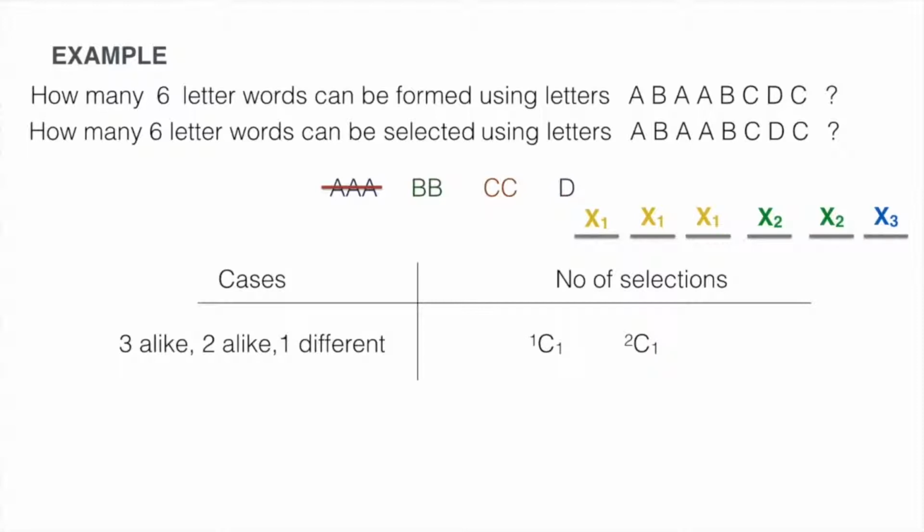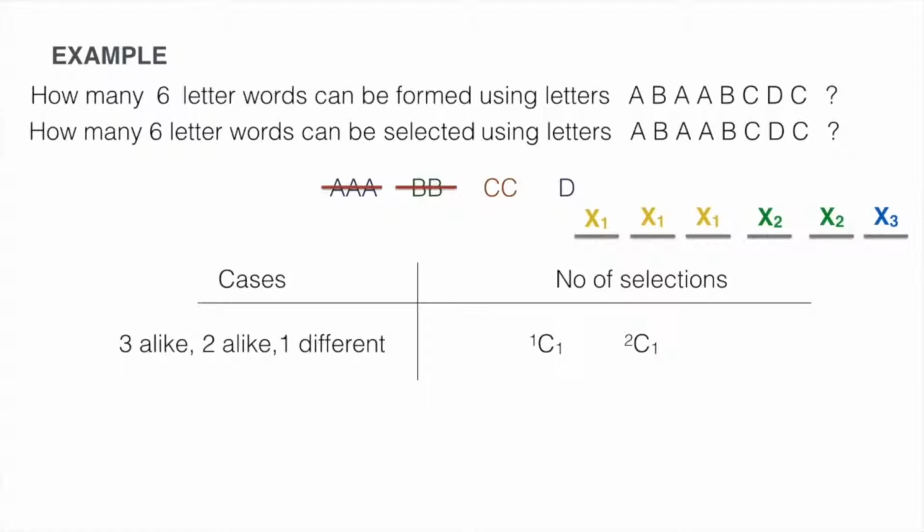Now my final job is to select one different letter, or to select X3. Of course, one of the candidates for that is D. Actually, if you think about it, when I chose my 2 alike, I could have chosen either 2 B's or 2 C's. Let us first consider the case when I chose 2 B's. In such a case, I could have chosen the C to fill the position of one different letter.